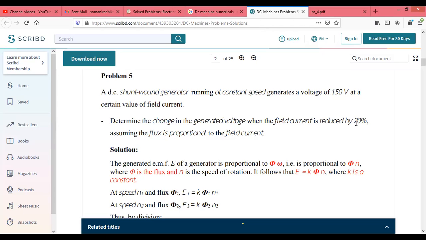Yesterday we have seen we will get E1 upon E2 equal to neta 1 upon neta 2. Neta means efficiency. If we are changing the value of field current, at that time we are supposed to find the change in generated voltage.